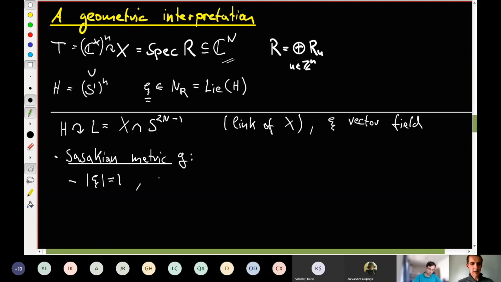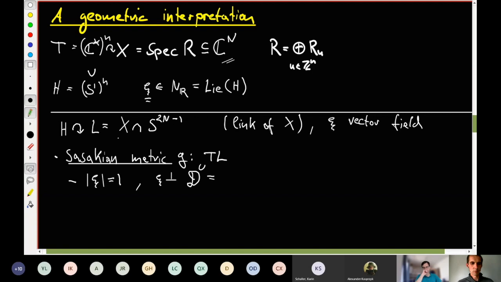Second property, I want psi to be orthogonal with respect to this metric to some hyperplane bundle inside the tangent bundle of our manifold. And what is this hyperplane bundle? It's a hyperplane inside the tangent space, given as the hyperplane which is invariant under the complex structure.